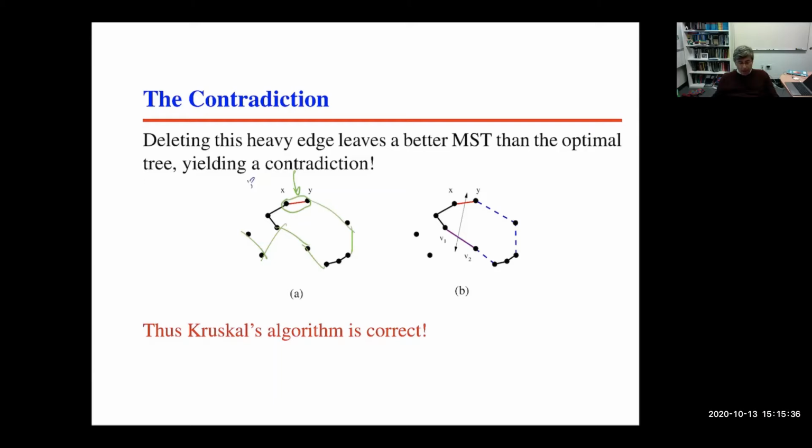And on that cycle, there must be at least one edge heavier than me, or at least no lighter than me. Because if not, I would have picked it first. If the cycle was there when I picked X, Y according to Kruskal's algorithm, I would never have selected it. So therefore, at least one of these edges was later, was heavier, and that's the problem. Any questions with the basic idea?